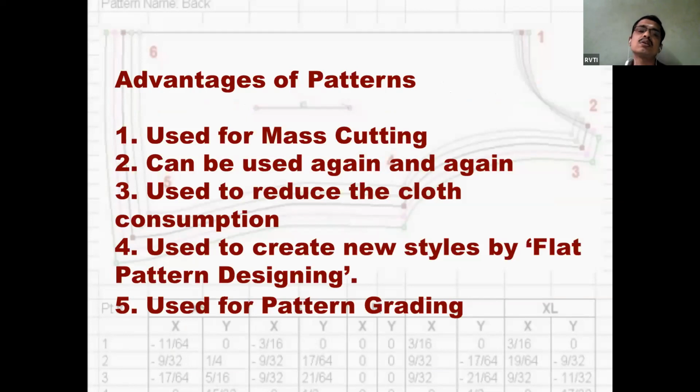If you preserve the paper pattern, we can use it again and again. Paper patterns are used to reduce fabric consumption. With their help, we can create new styles using flat pattern designing methods. And the last important point is that paper patterns are used for pattern grading. Only if you prepare the pattern can we do pattern grading, so paper patterns are a must.